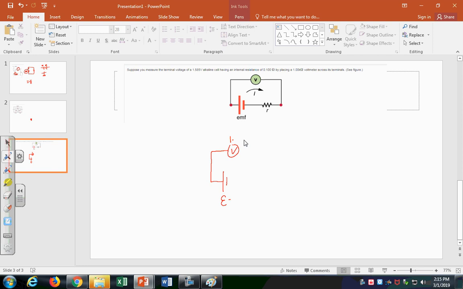Because remember, this is our battery, because it includes that internal resistance. All right? Do we include the resistance from the voltmeter? You're right, yeah. So this is really what you're looking at to find the current. All right?